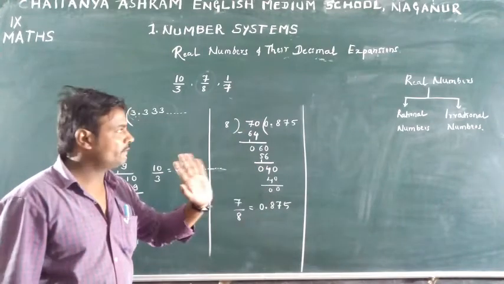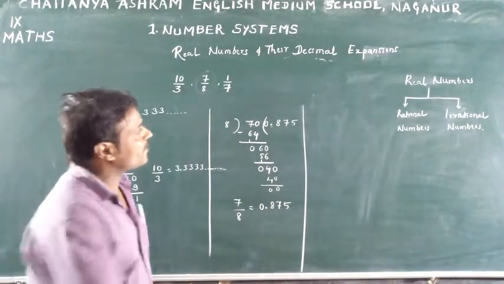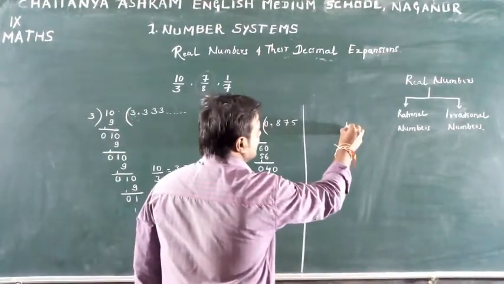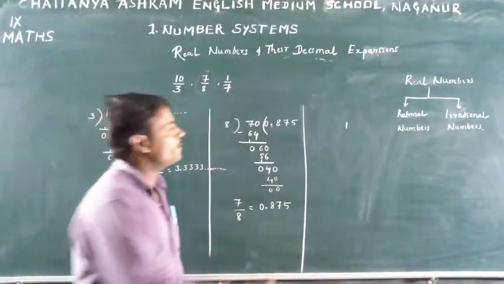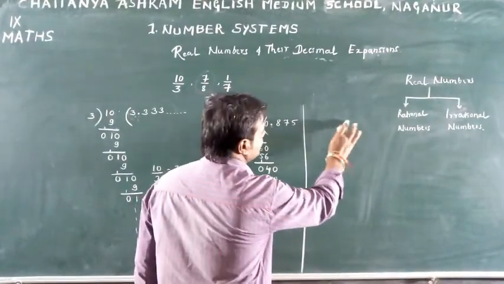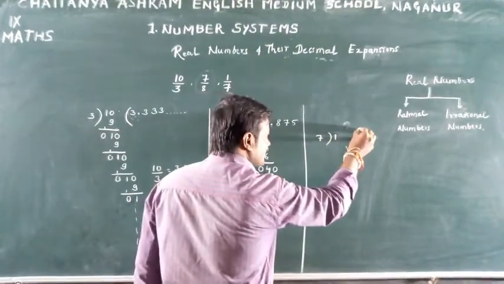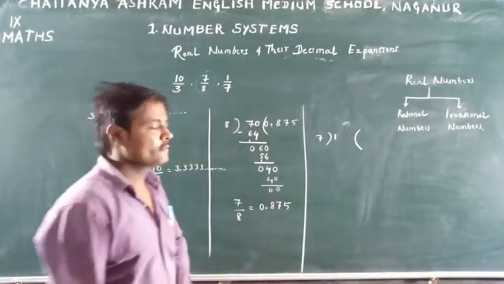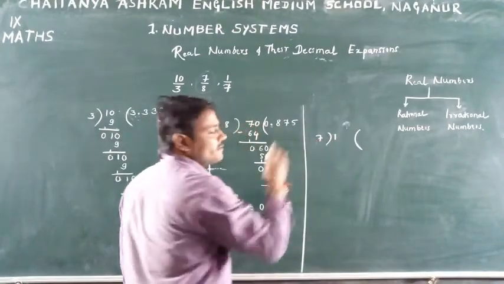Then consider the third rational number 1 by 7. To find its decimal expansion, divide the numerator by the denominator 7. Let's start the division process. Here 1 is smaller than 7.